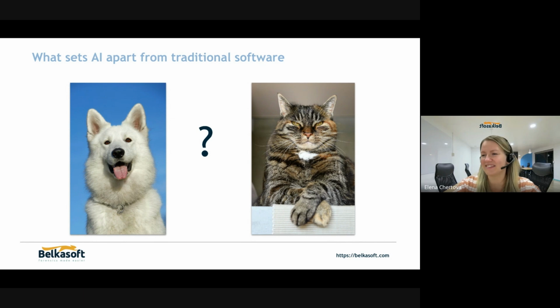So here you can see a picture, a cat and a dog, but they are not supposed to illustrate the programming and AI, of course. They are here to illustrate my example of how we can compare what software does and what AI does. As I mentioned before, programming relies on rigidly predefined algorithms.